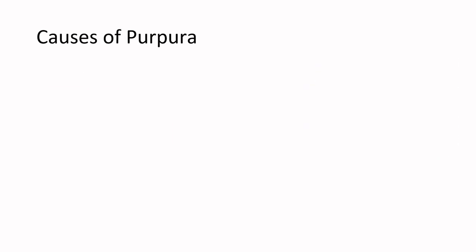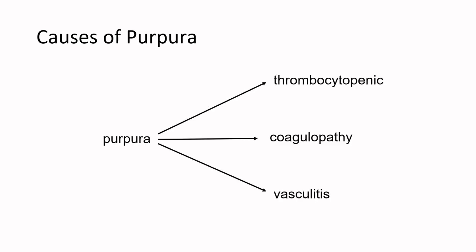What in general are the main causes for purpura? On the one hand, we have thrombocytopenic or thrombopenic purpura, meaning not enough thrombocytes.